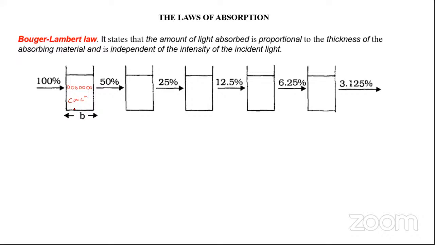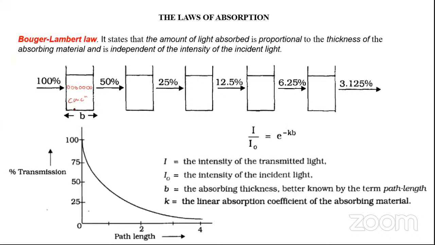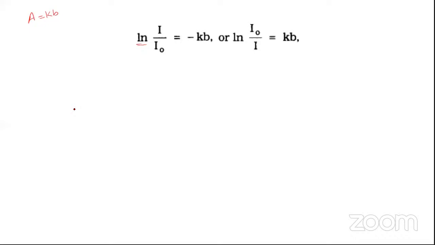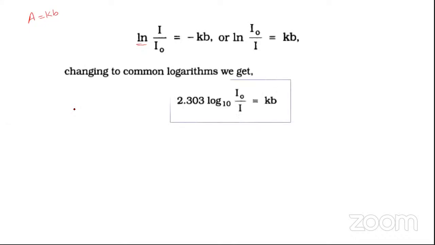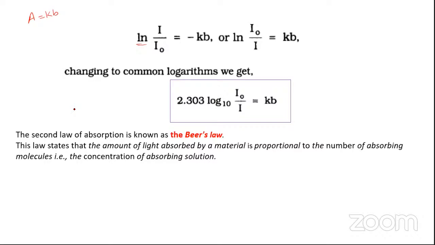Okay, so I can change this rule or law a bit, that okay, it is proportional to the thickness of the absorbing material. But if I say this, that the amount of light absorbed is proportional to the concentration of the absorbing material, then also it will hold true, correct? Okay, so in the similar fashion, like we have derived this relation for the thickness of the absorbing material, can I not derive a relation for the concentration of the absorbing material and proportional situation with absorption?